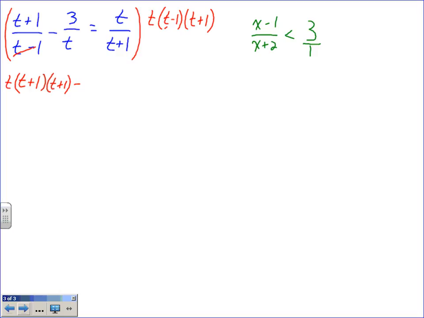Minus, I'm going to have the 3 there no matter what. Well, here now the t's will cancel, and I've got t minus 1, t plus 1. And it equals. On the right side of the equal sign, the t plus 1s will cancel. And I have t times t minus 1.